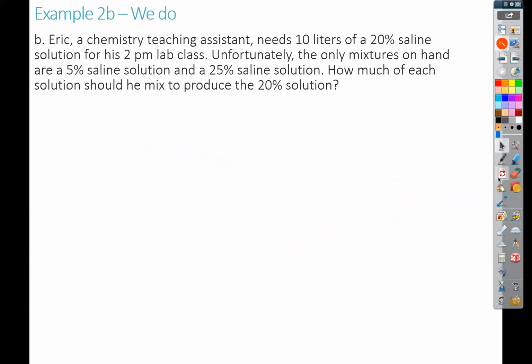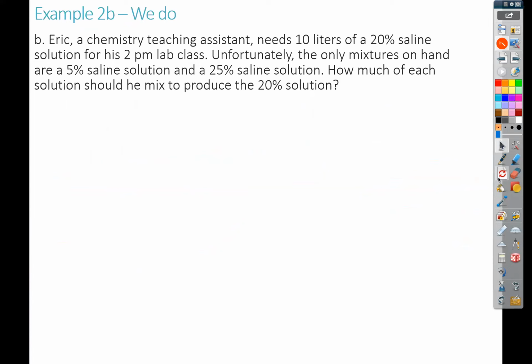All right, 2B. Eric, a chemistry teaching assistant, needs 10 liters of a 20% saline solution for his 2 p.m. class. Unfortunately, the only mixtures he has on hand are a 5% saline solution and a 25% saline solution.